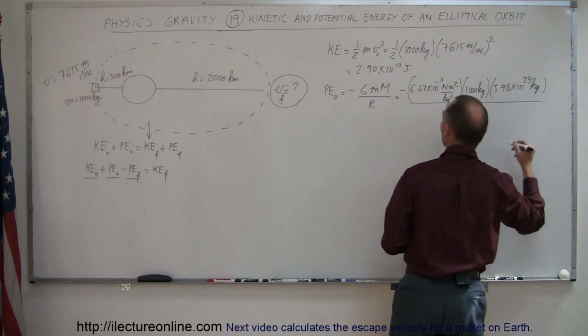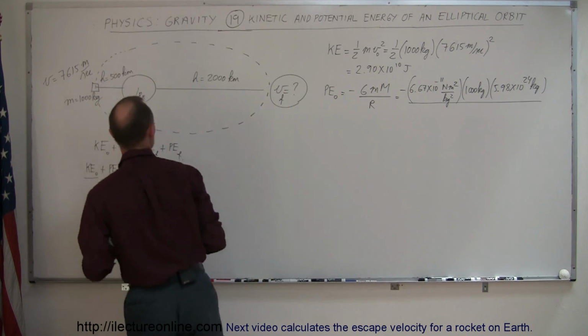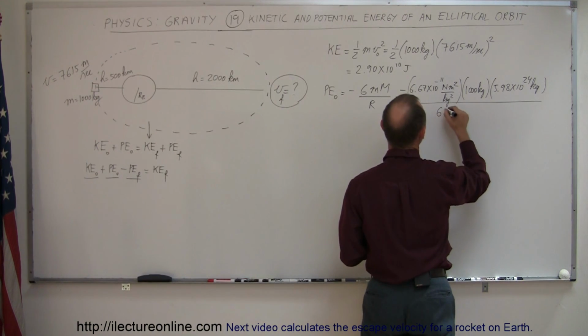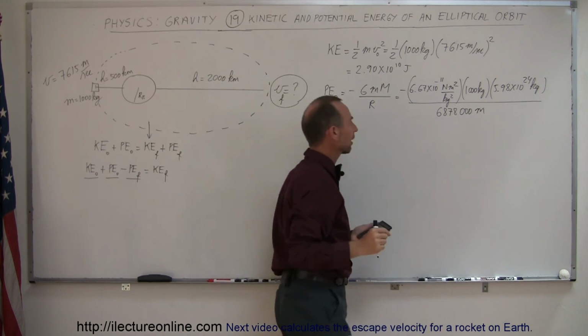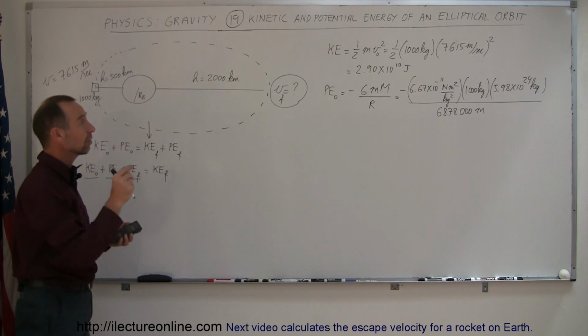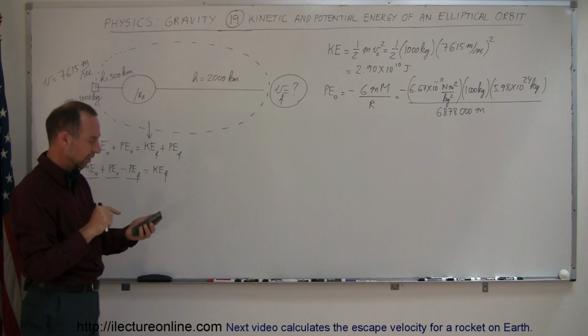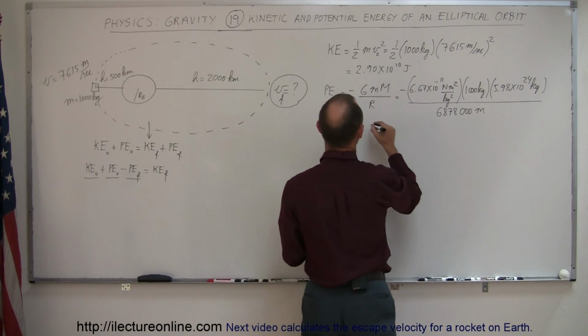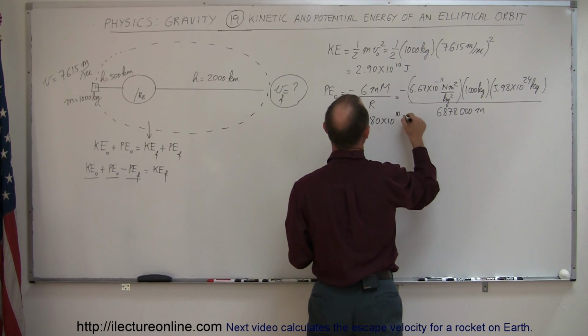And the whole thing divided by the radius of the Earth plus the height of 500 kilometers. So that's a total of 6,878,000 meters, and we don't have to square that. So that would be the potential energy at its initial position. So 6.67 e to the minus 11 times 1,000 times 5.98 e to the 24, divided by 6,878,000 equals, and sure enough, that's equal to minus 5.80 times 10 to the 10th joules.